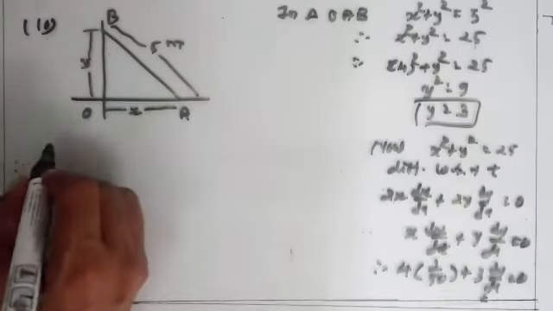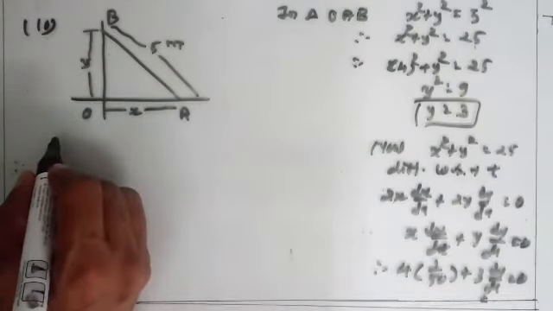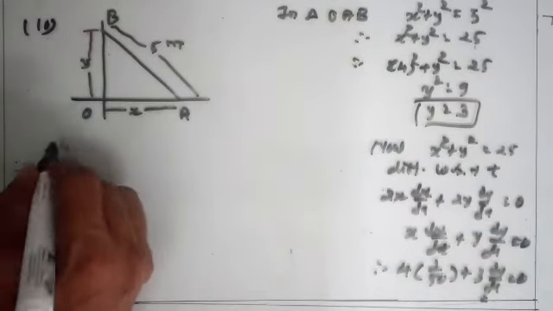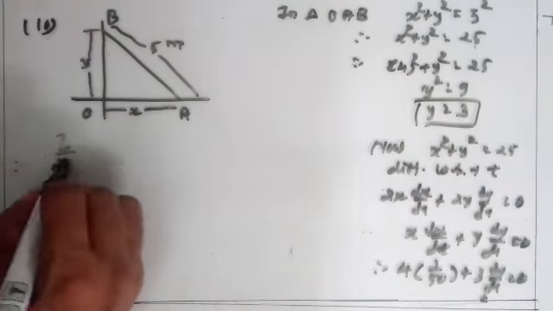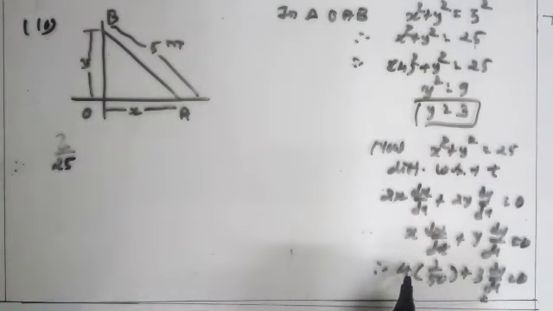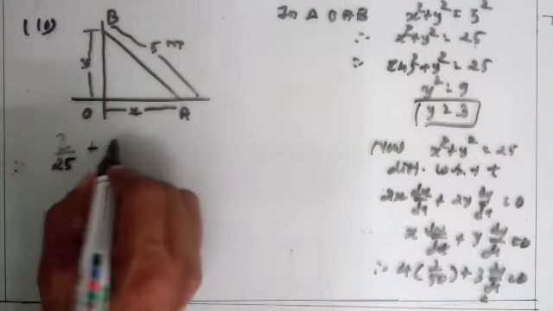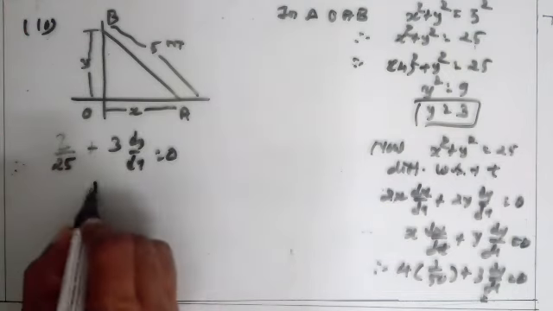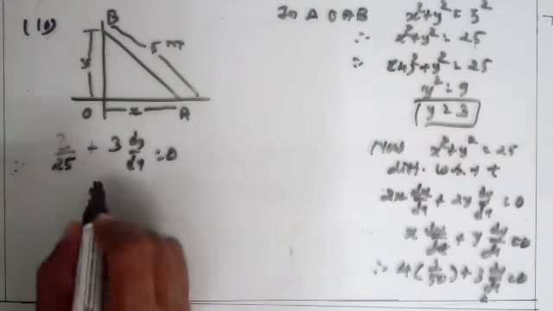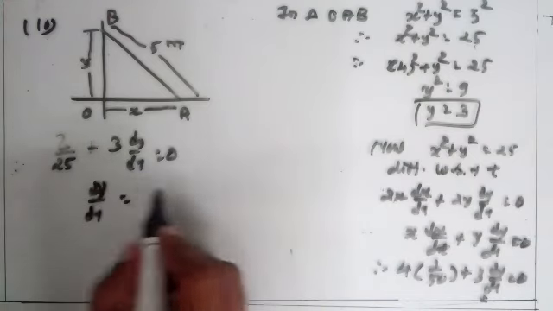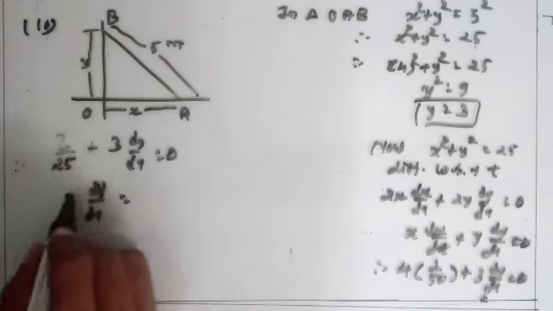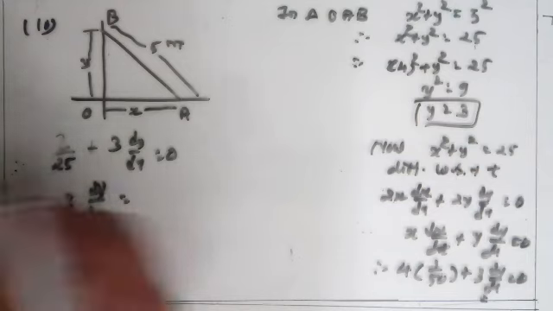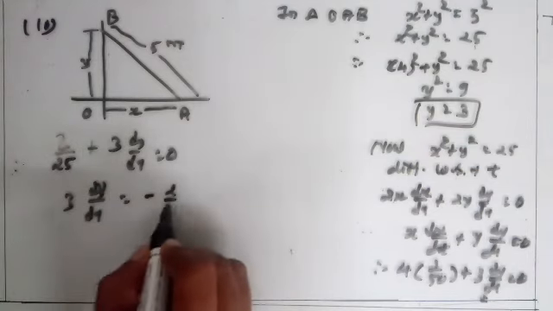So simplify this. 4 upon 50, that is 2 upon 25, plus 3 dy/dt is equal to 0. Therefore 3 dy/dt is equal to minus 2 upon 25.